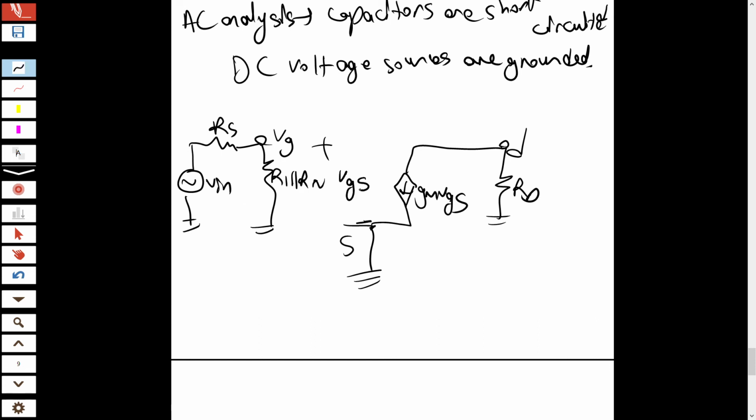So what is the input resistance in this case? Input resistance is V input over I input. Here there is actually I gate, which is equal to 0, so I ignore it.